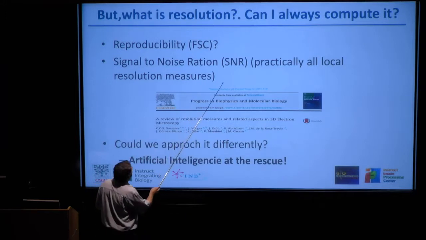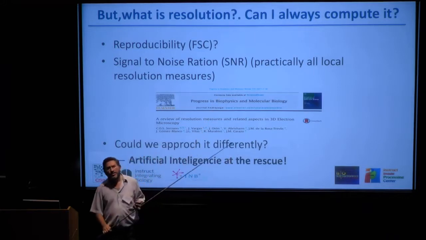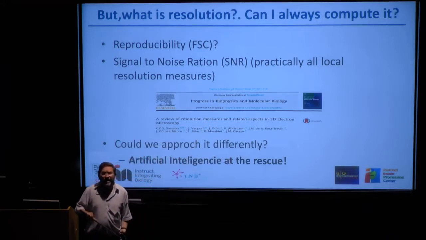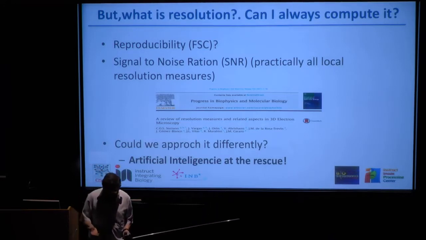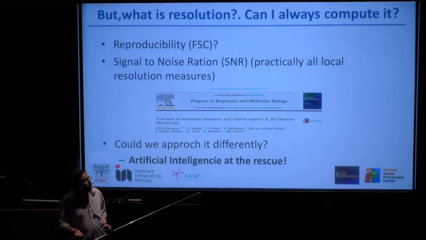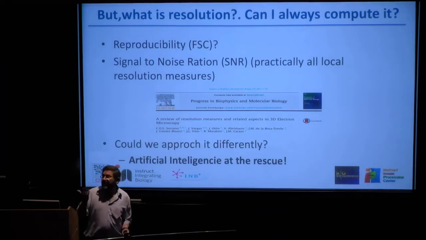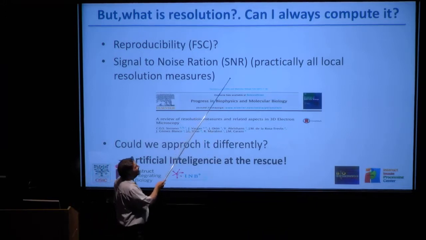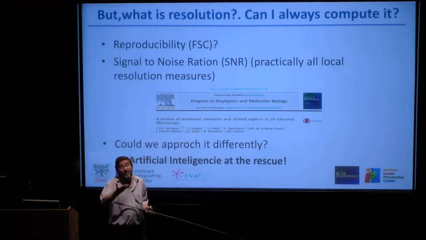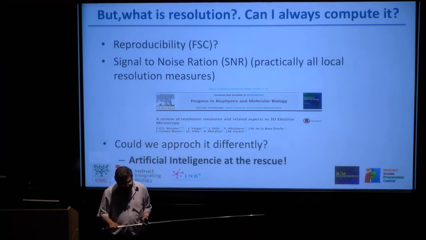At the end of the day, ResMap, monoRes, blockRes, they were doing some sort of signal-to-noise ratio. And especially when we were correcting in a global manner by the B factor, we were multiplying the signal and the noise by the same thing. So we were having the same division, the same value of the division of signal versus noise.